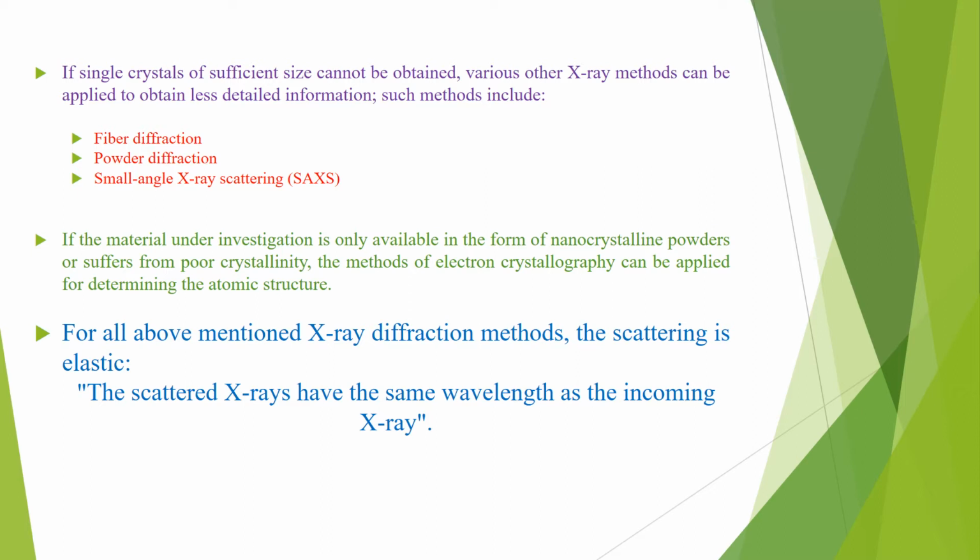And for all the above mentioned X-ray diffraction methods like fiber diffraction, powder diffraction, and small angle X-ray scattering, the scattering is elastic. The scattering is elastic means the scattered X-rays have the same wavelength as the incoming X-rays.